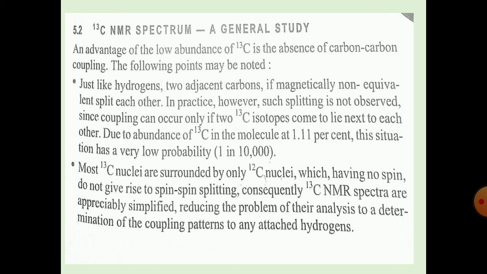Most C13 nuclei are surrounded only by C12 nuclei, which having no spin do not give rise to spin-spin splitting. Consequently, C13 NMR spectra are appreciably simplified, reducing the analysis to determining the coupling pattern to any attached hydrogen.